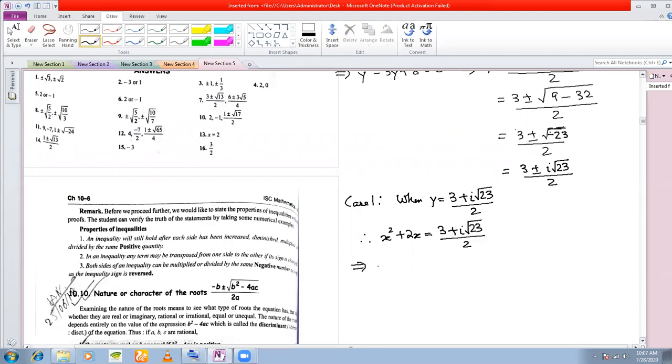Let's multiply this. 2x square plus 4x is equal to 3 plus i root 23. That means 2x square plus 4x minus 3 is equal to i root 23.